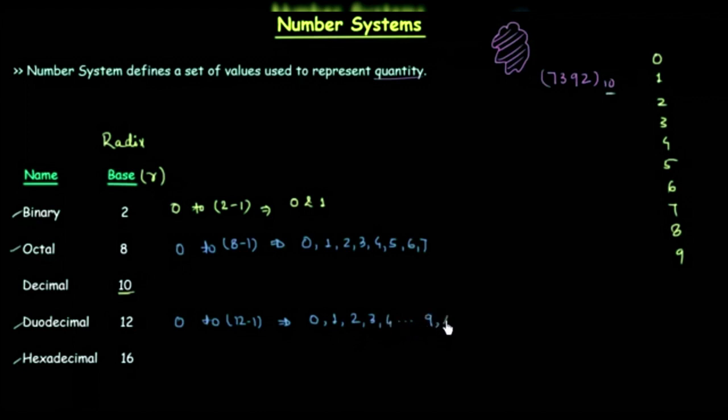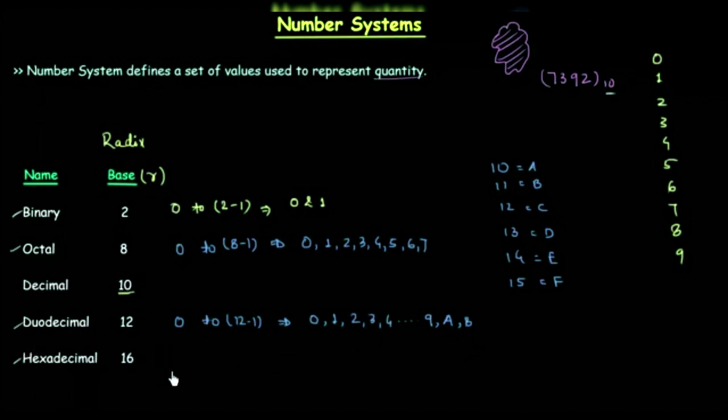And then we have A. We represent 10 as A, 11 as B, 12 as C, 13 as D, 14 as E, and 15 as F. So 10 is A, 11 is B, and we only have 12 distinct digits from 0 to 11, so we will have 0 to B in the duodecimal number system.